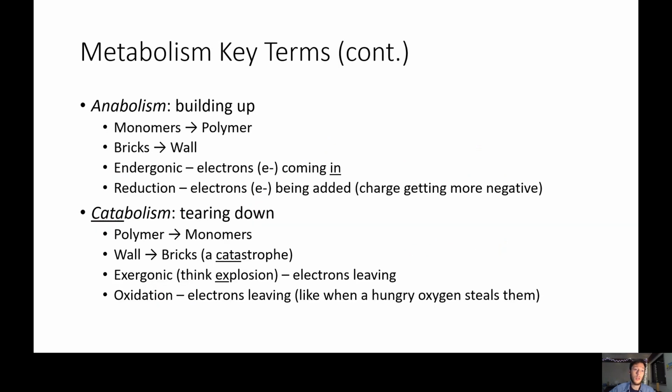Okay, so we have these two really important terms, anabolism and catabolism. With this understanding of monomers and polymers, hopefully that can help us understand what these terms mean. With anabolism, we are building things up. We are building that wall.